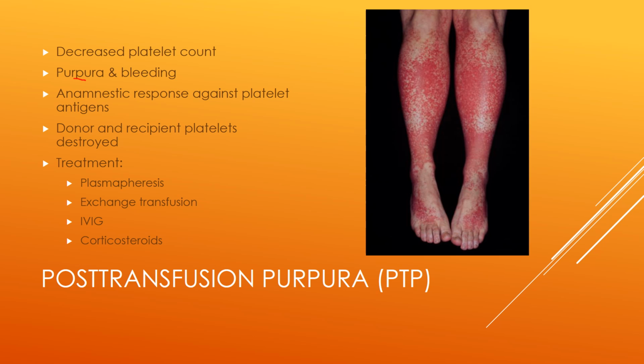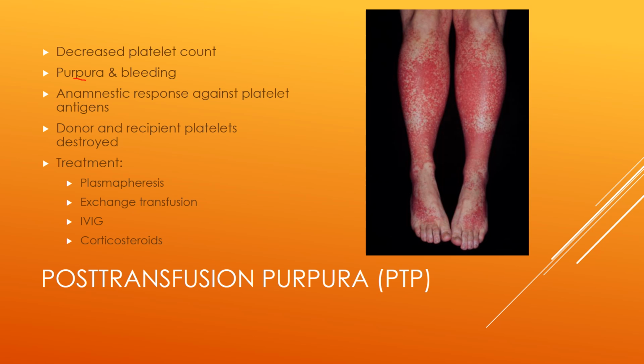Okay, this is actually usually an anamnestic response, so a memory response that already exists, and it's likely associated with a platelet antigen. It's a high incidence platelet antigen called HPA-1A. Most of the population expresses that, about 98% of the population expresses HPA-1A on their platelets.